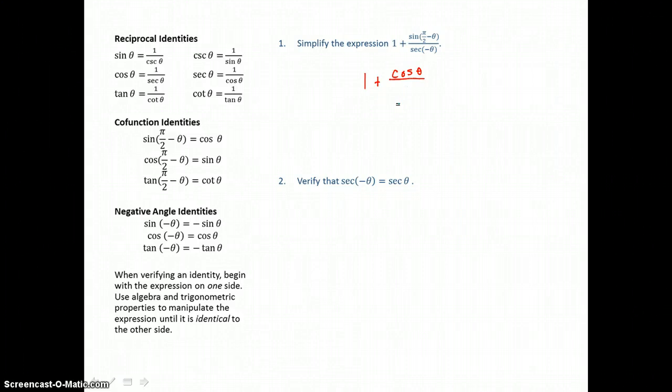Now I don't have a negative angle identity for the secant, so I'm going to use a reciprocal. The reciprocal of the secant is a cosine, so I can write that denominator as 1 over the cosine of that negative angle. Okay, and then I can replace the negative angle in the denominator with just cosine theta.